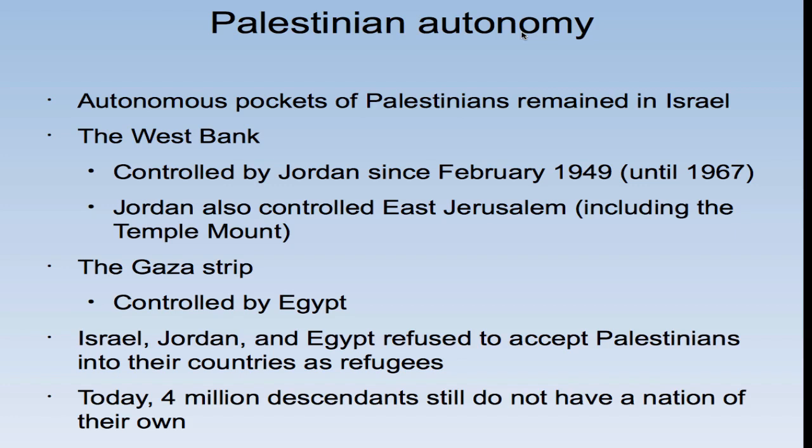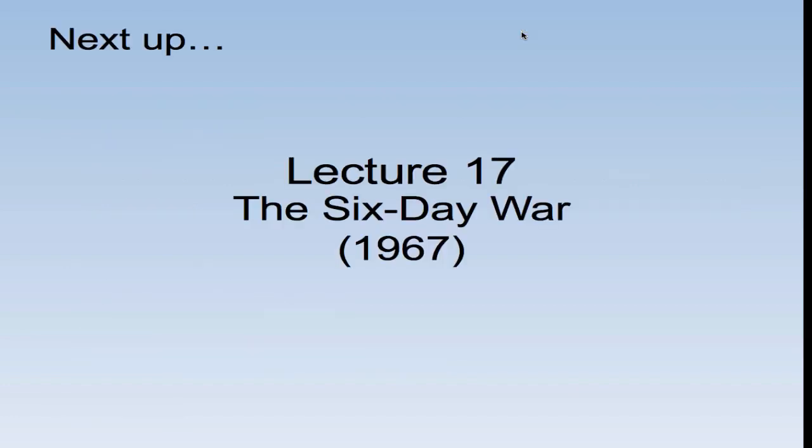They still haven't found a nation who will claim them as their own, nor have they been able to create a nation of their own despite numerous peace accords. Of course, armed conflicts don't stop between Israel and its neighbors, the most famous of which, which we'll look at in the next lecture, is the Six-Day War of 1967.